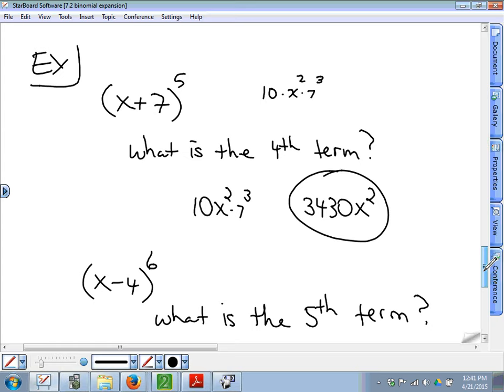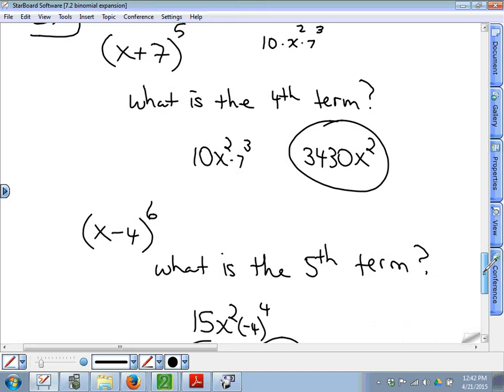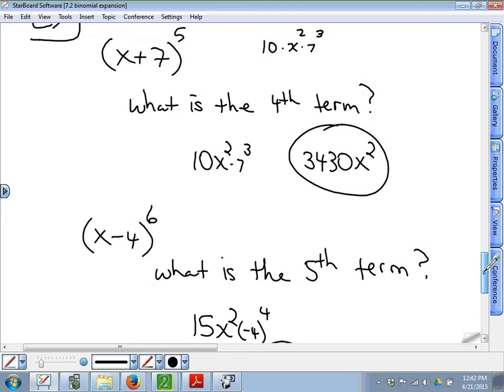So in the 6th row of Pascal's triangle, the 5th number in, what was it? 15, yeah. So you know it's going to involve 15 and then a power of x and a power of negative 4. So initially you should have written this 15.